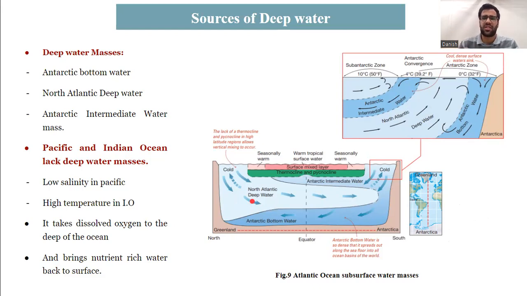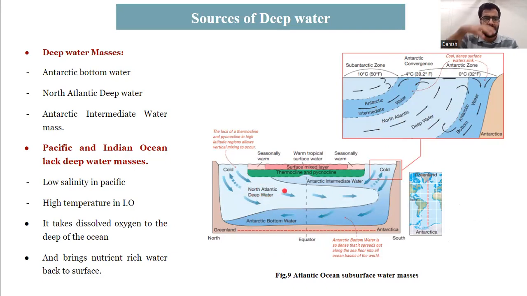The sinking process also starts at the Antarctic Convergence, where it forms the Antarctic Intermediate Water. We can see in this figure that the density of the Antarctic Bottom Water is higher compared to the North Atlantic Deep Water.